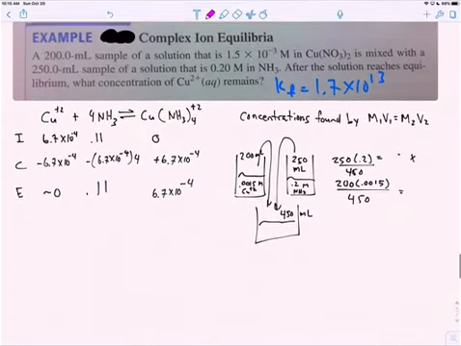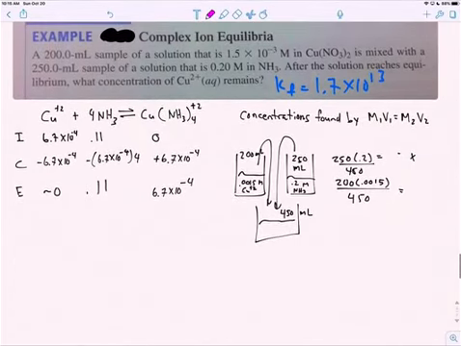So let's do an example of this, and I've gone ahead and done some of the homework there. Well, not homework. I made it easier. So if you look here, you have 200 milliliters of 1.5 times 10 to the minus 3 molar copper nitrate mixed with a 250 milliliter sample that's 0.2 molar in ammonia.